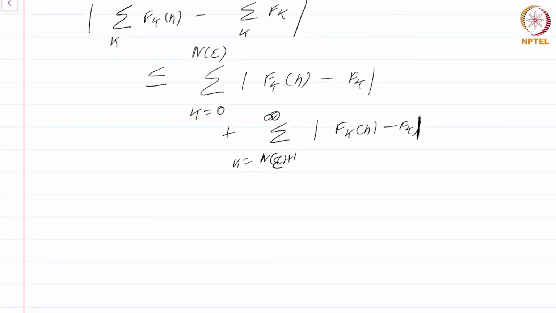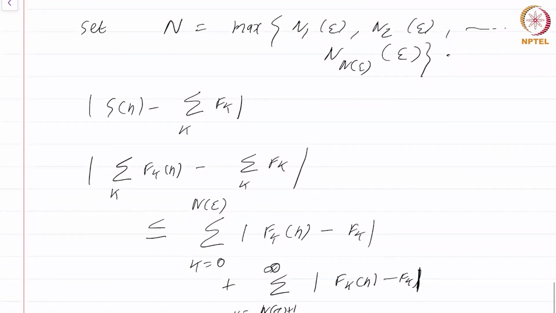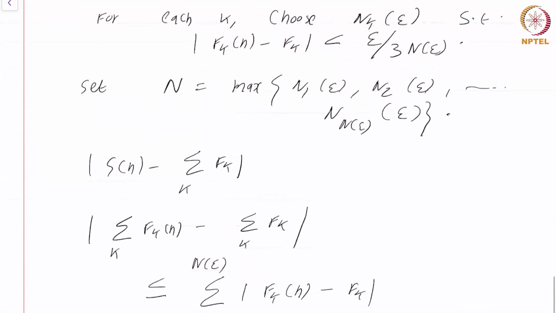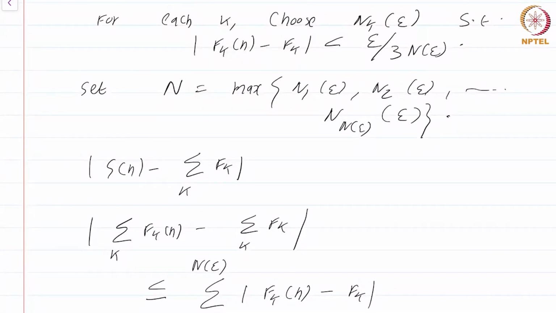Now, how does this help? Well, if n is greater than capital N, then something interesting happens. How was capital N chosen? It was the maximum of n_1 epsilon, n_2 epsilon, up to n_N epsilon of epsilon. If n is greater than capital N, then F_k,n minus F_k must be less than epsilon by 3 N epsilon.